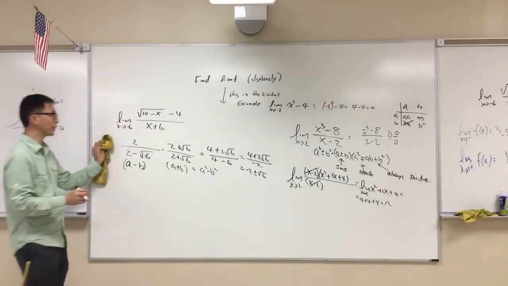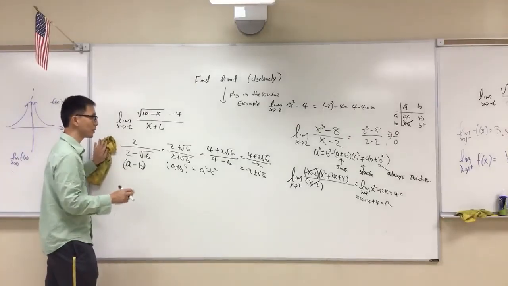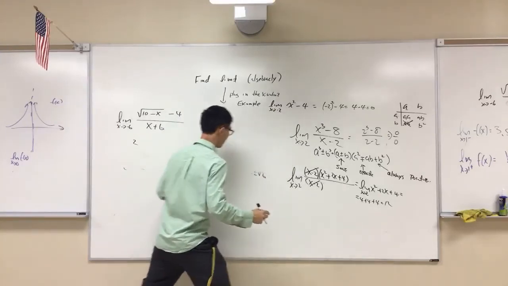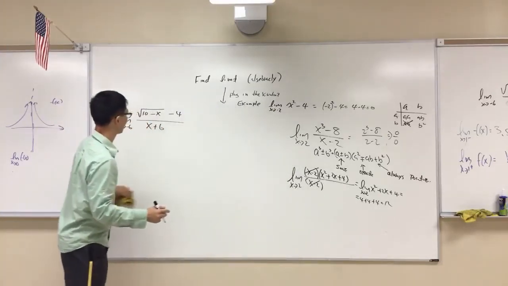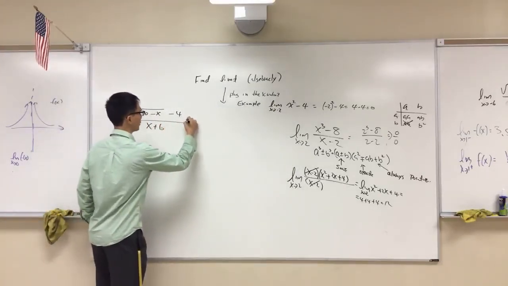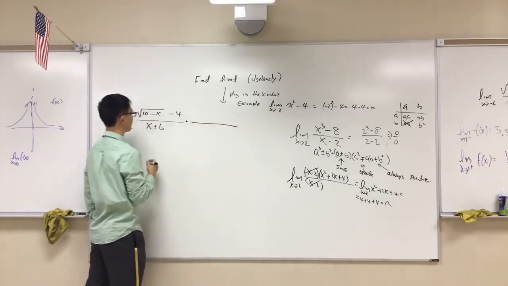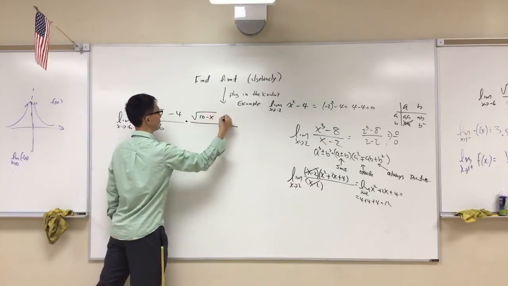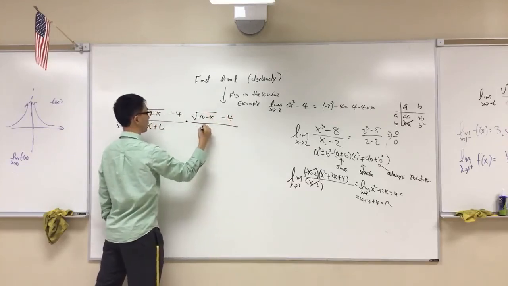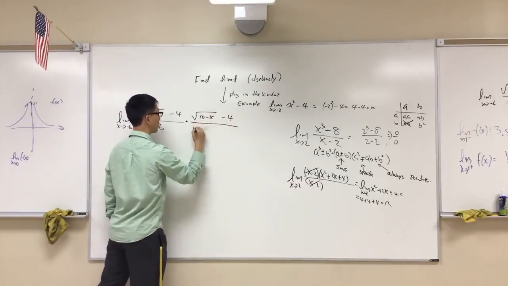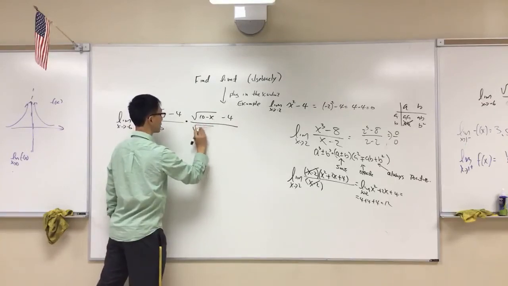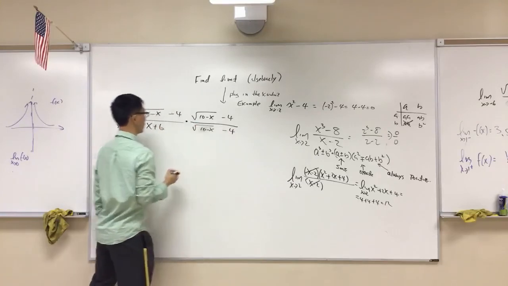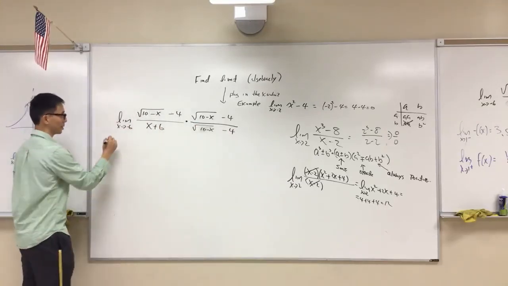Okay, so now we're gonna go to here. Can I erase this part? This is algebra 2. How do we do a calculus problem? So what are we multiplying this by? The same thing. It's called conjugate. It's the square root of 10 minus x, plus 4.